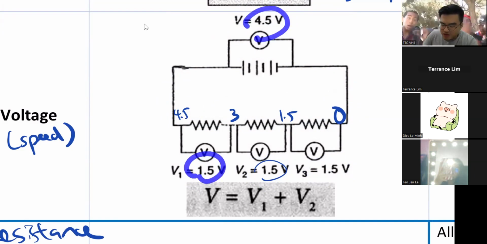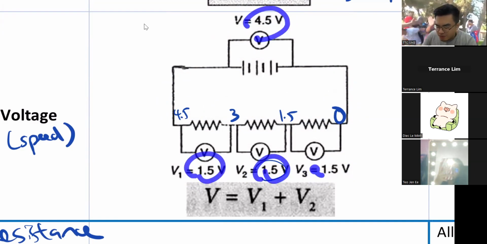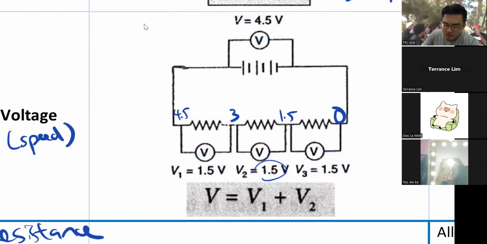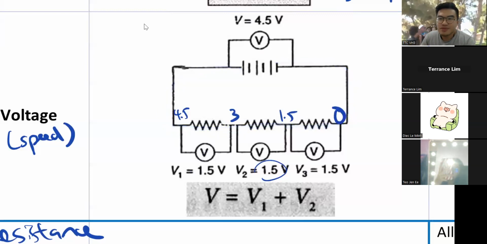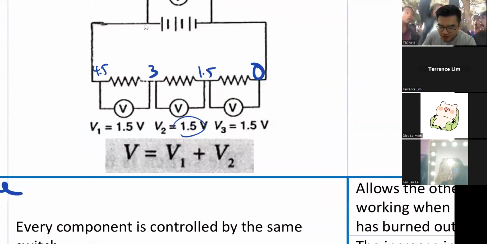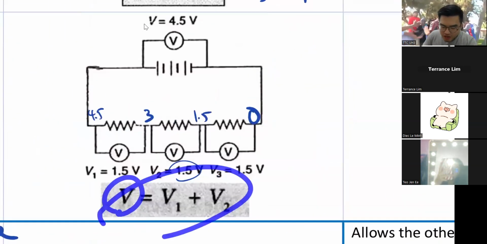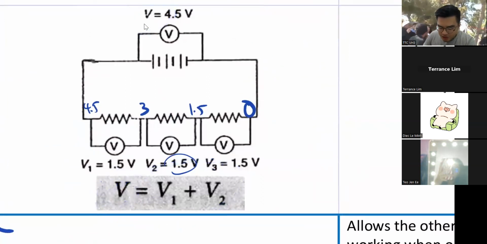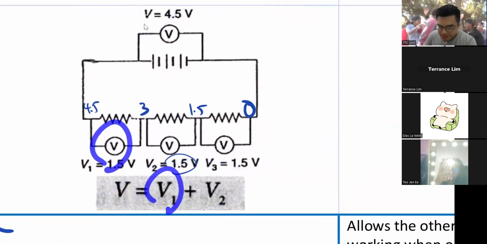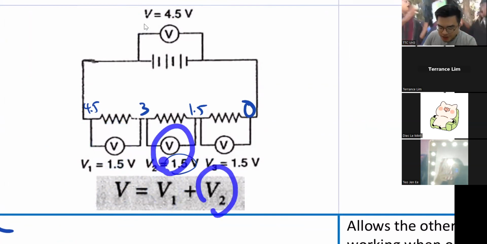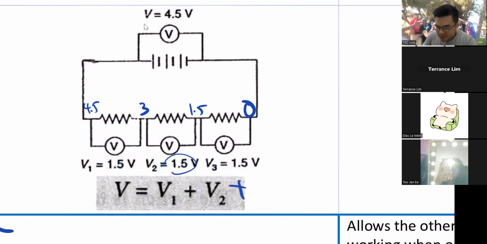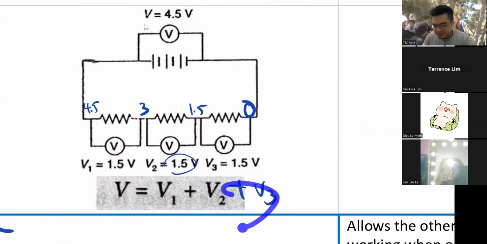I give 1.5 to the first rock, 1.5 to the second rock, 1.5 to the third rock. That's why you come to this formula: V, the total speed, is equal to V1, river speed 1, plus V2, river speed 2, plus V3, river speed 3.